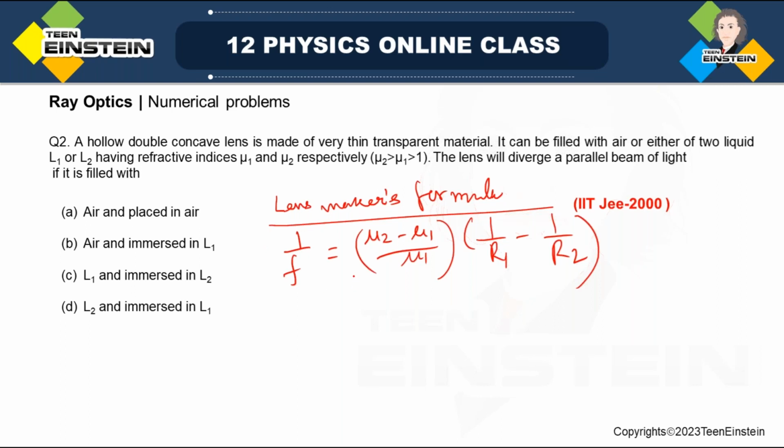So here mu2 is the refractive index of the material and mu1 is the refractive index of the surrounding medium. That we have already understood.